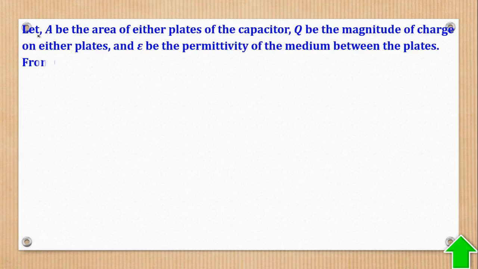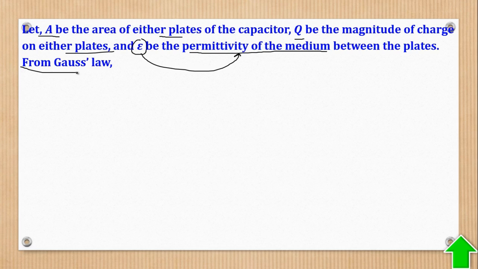Then we shall also let A be the area of either plate. The capacitor plates must have the same area. Q will be the magnitude of charge on either plate, and epsilon will be the permittivity of the medium between the plates. Previously in electrostatics we talked about this permittivity, and I believe now you are conversant with it.